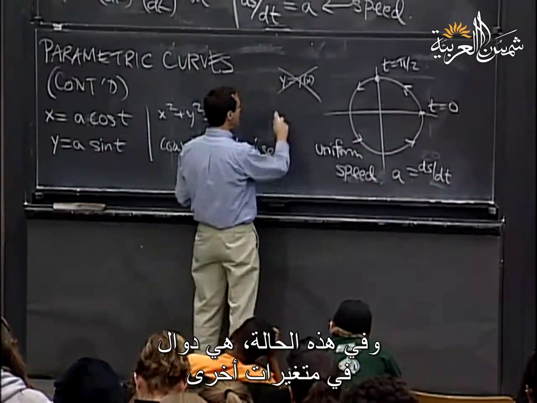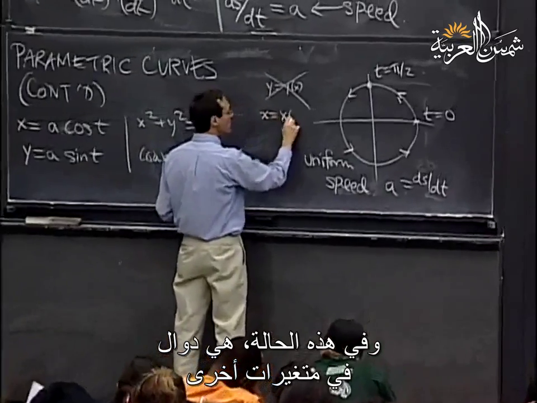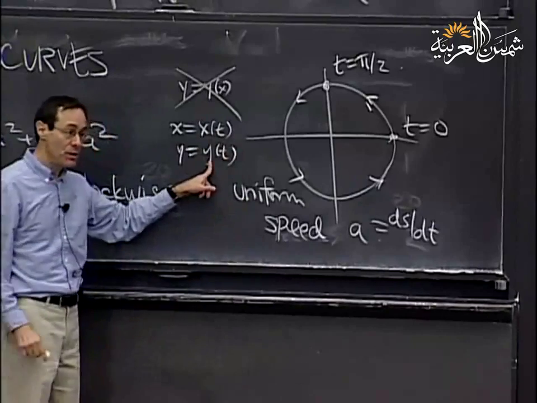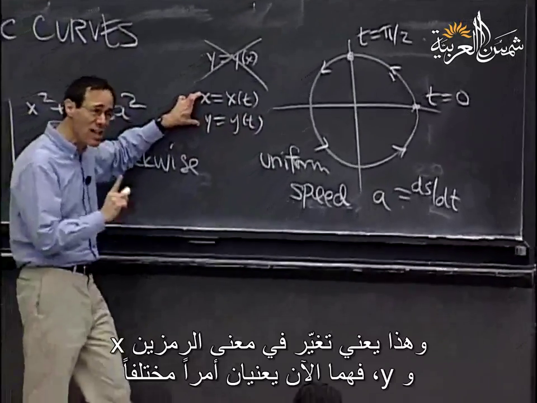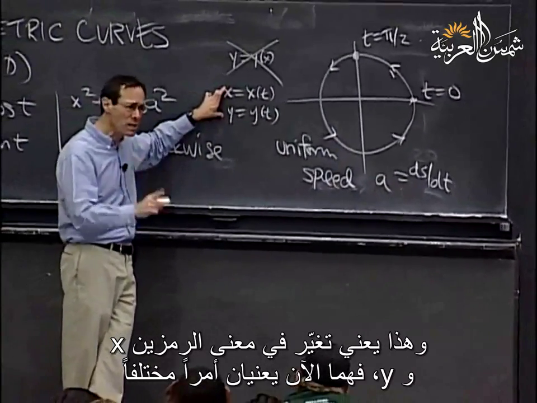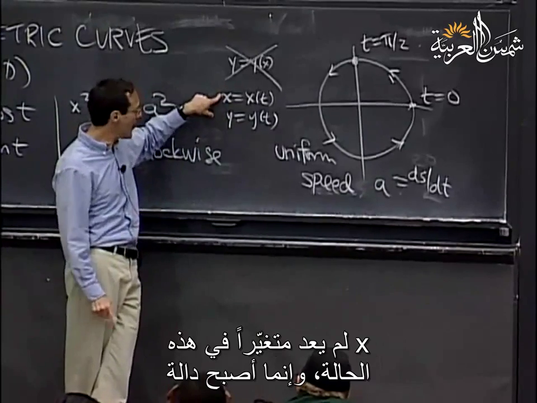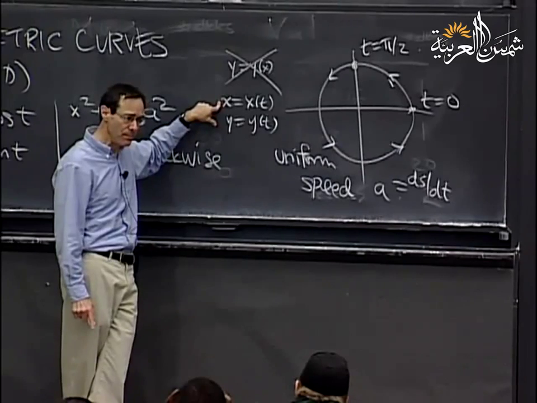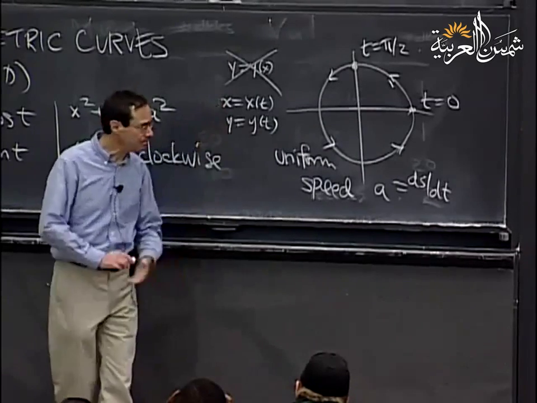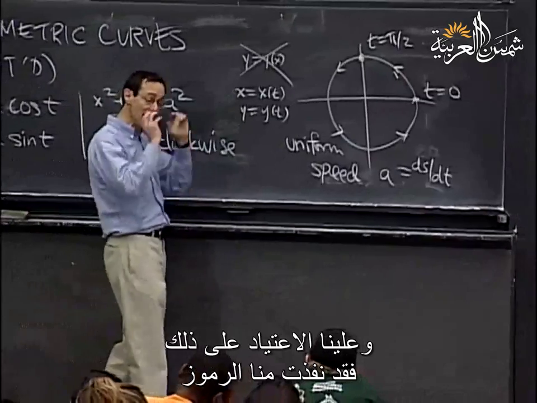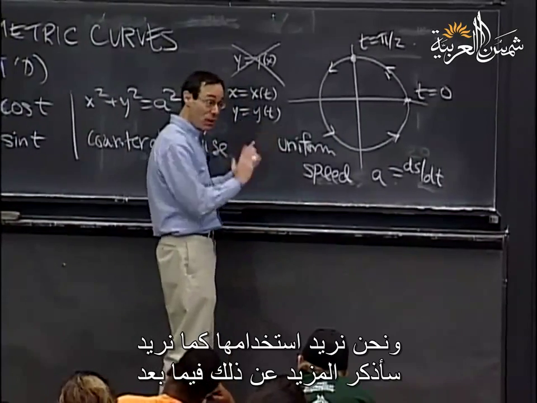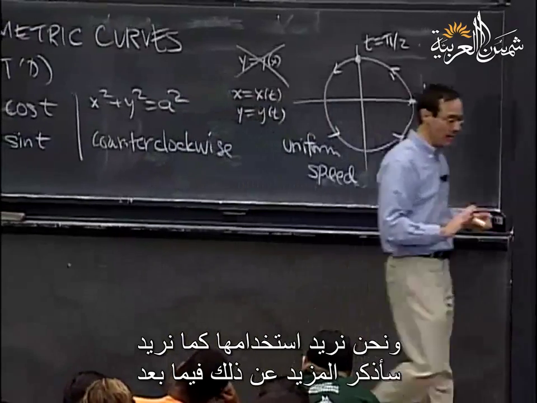In this case, they're functions of some other variable. So the letters x and y just changed on you. They mean something different. x is no longer the variable, it's the function. All right? Well, you're going to have to get used to that. That's because we run out of letters, and we kind of want to use all of them the way we want. I'll say some more about that later.